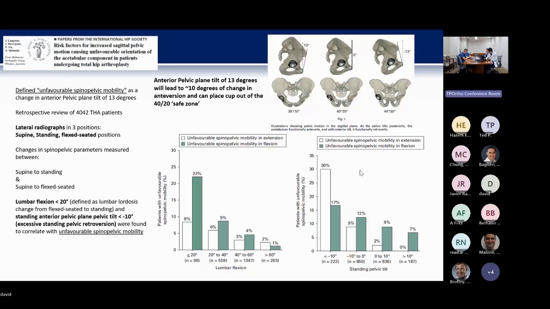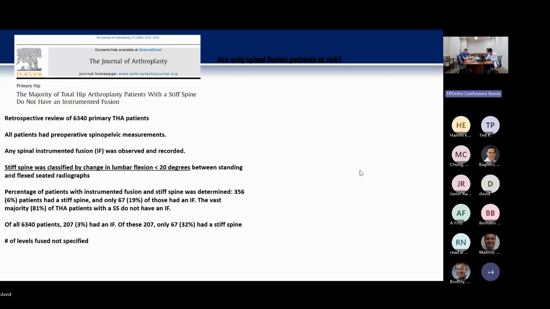This study looked at 6,000 primary total hip patients that all had spinal pelvic measurements preoperatively. And they again defined stiff spine as less than 20 degrees of flexion between standing and seated. 6% of the patients overall were considered to have a stiff spine.